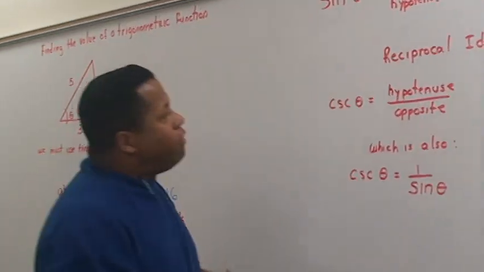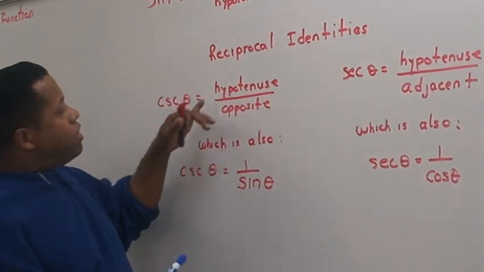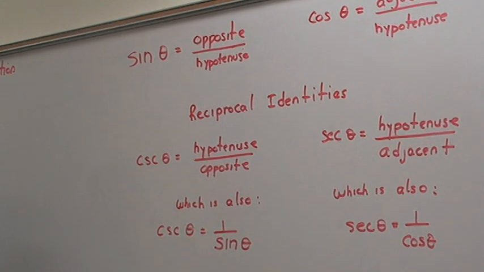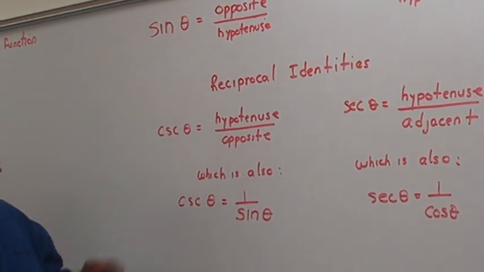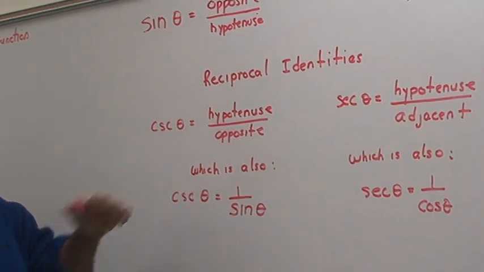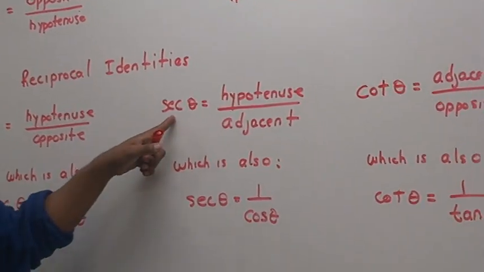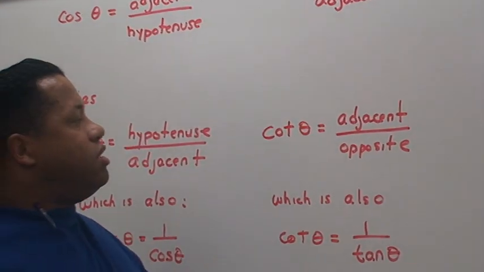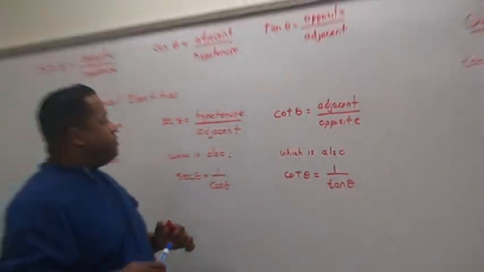Now the reciprocal identities, as written out here, are the reciprocals of the above basic trig identities. Cosecant is hypotenuse over the opposite side, secant theta is hypotenuse over the adjacent side, and cotangent is the adjacent side over the opposite side.